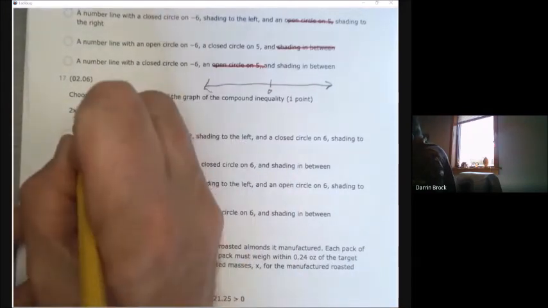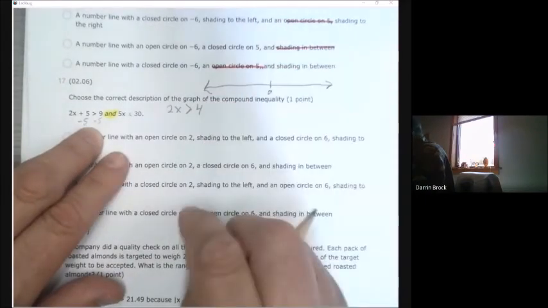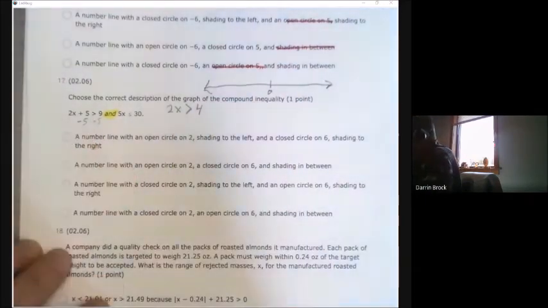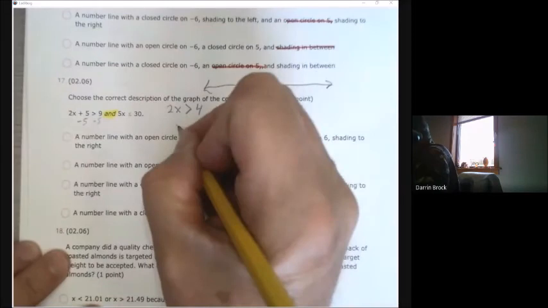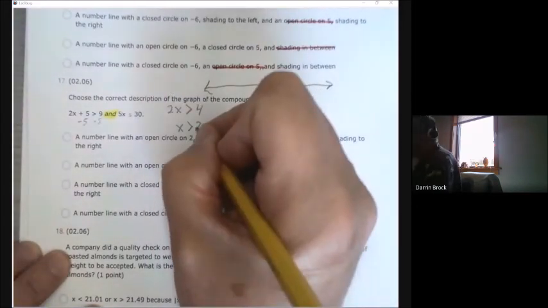So we're going to subtract 5 from both sides. So over here, 2x, the 5 goes away, greater than 9 minus 5 is 4. I need to divide both sides by 2 because I have 2x. So this is x is greater than 2. All right, x is greater than 2.